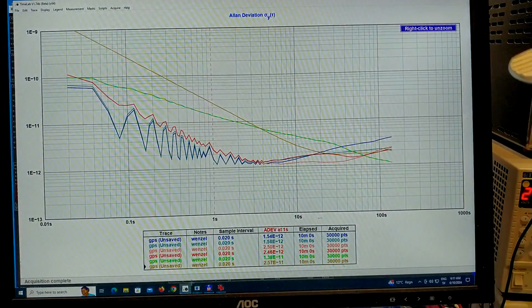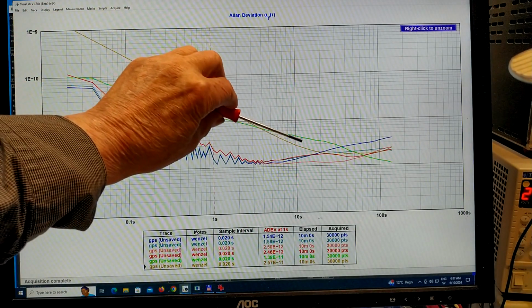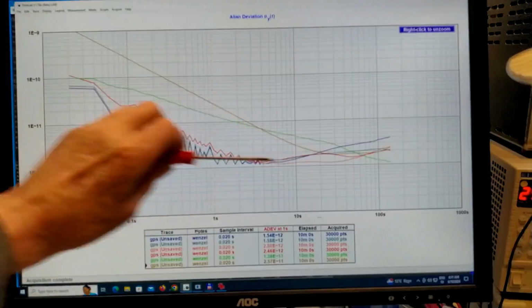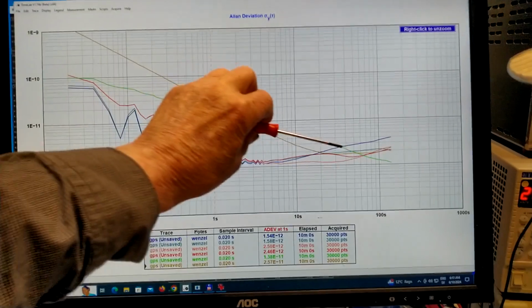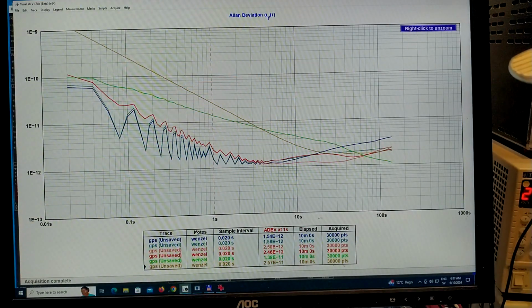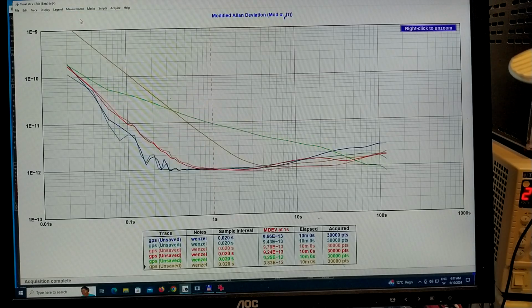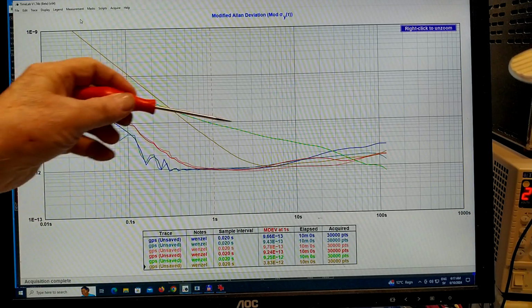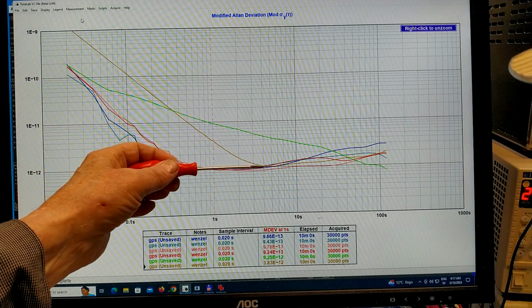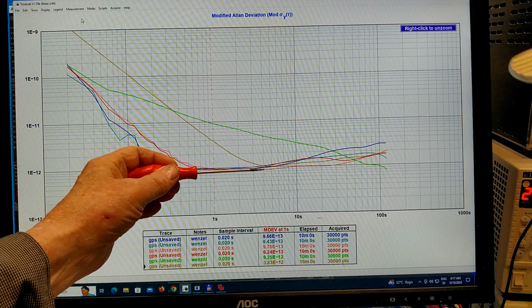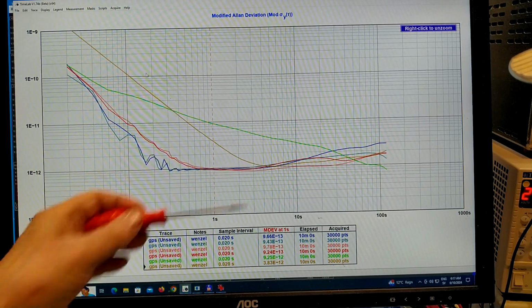When I look at the Allan deviation, we see very clearly it's the brown trace here which is the flat noise floor, while the green trace was the rubidium oscillator with a lot of noise close to the carrier. If I now go for modified Allan deviation, here we can see that the brown trace goes down all the way to 10 to the -12 here.